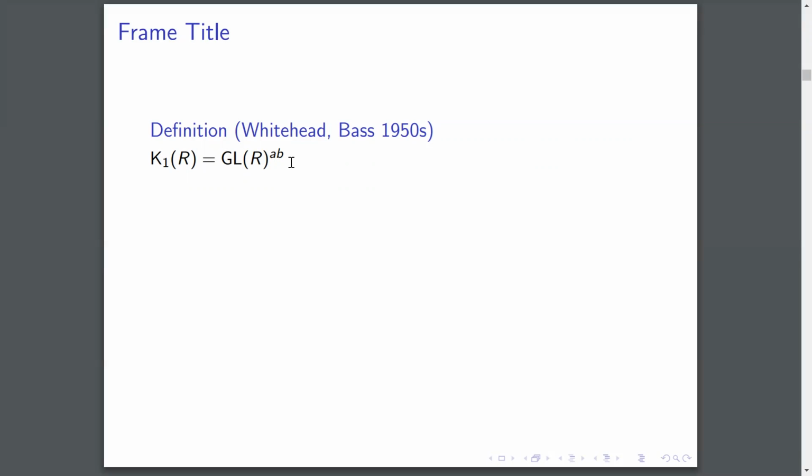Looking at the definition of that, the gluing of the vector bundles somehow intuitively corresponds to this abelianization of the general linear group. So that's where the intuition comes from for this one.